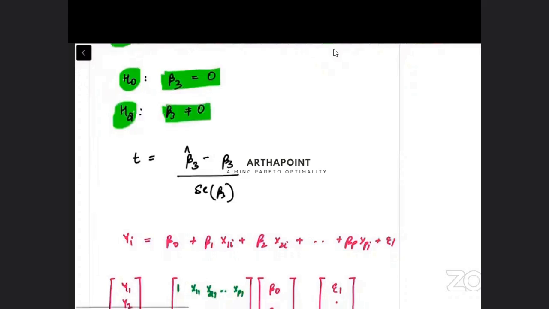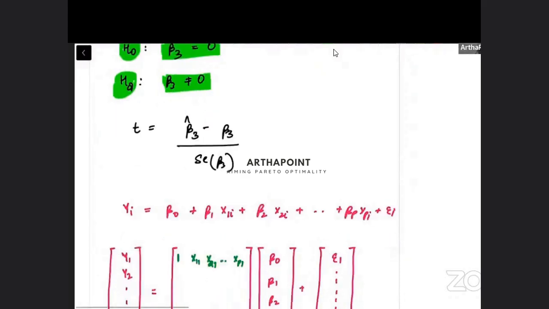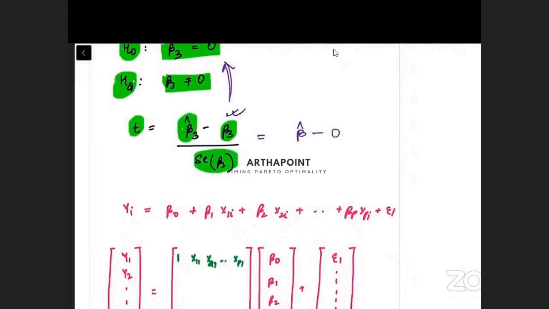This is the same. Find the T value the same way as we do. My T value is beta 3 hat minus beta 3 upon standard error of beta 3 hat. I pick beta 3 from my null hypothesis, which is 0, so this is beta 3 hat upon standard error of beta 3 hat.